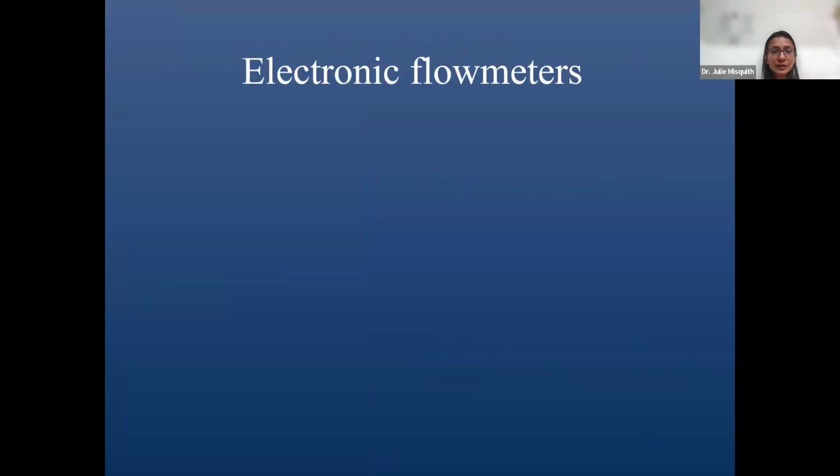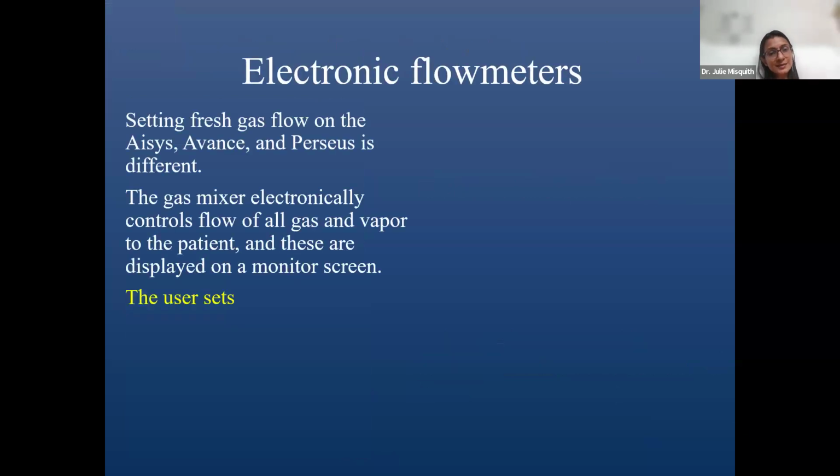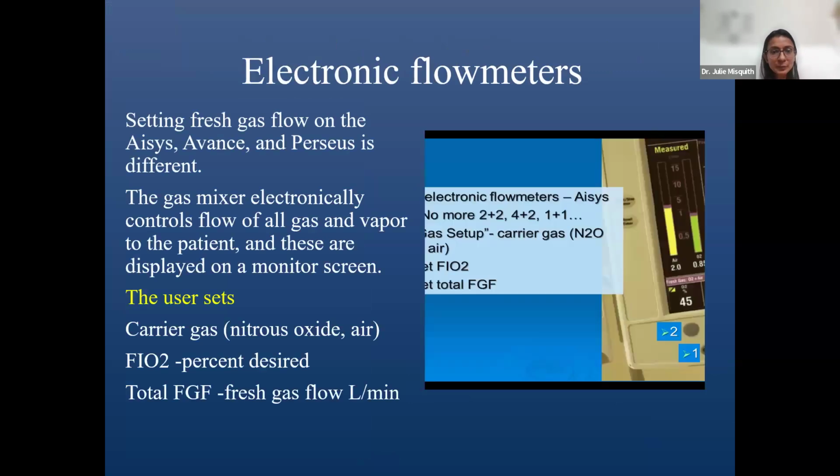You also have electronic flow meters. It's an odd way to do it, because here you just enter the variables and the machine itself will calculate how much flow is required. But we who are anesthetists are always used to setting the flows ourselves.